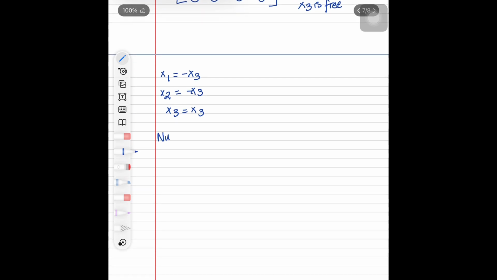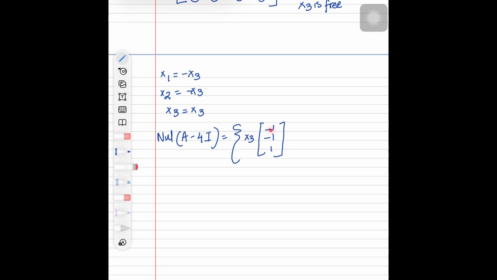So null of A minus 4I is equivalent to the set of x3 times negative 1, negative 1, and 1. So you can see how x3 times negative 1 would give me negative x3 for x1. x3 times negative 1 again would give me negative x3 for x2. And x3 times the 1 would give me x3 for representing x3. This is what it is. Let me know if you guys have any questions about that. And here x3 is a real number.